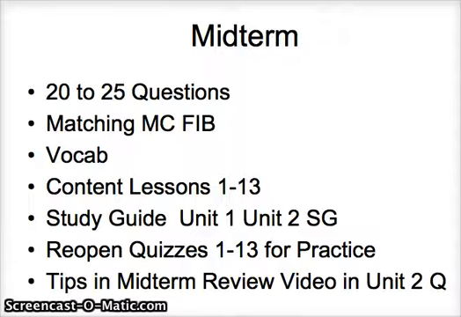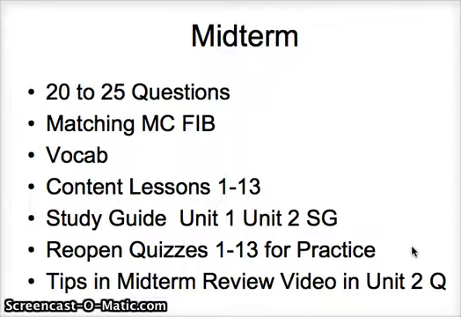So hopefully we're not doing that in this class. I do want you to know that the quizzes are like the exercises and the tests are like the quizzes, which is a good way to do things. On the study guide, I'll show you in a minute, we're going to use the Unit 1 and Unit 2 study guide. So I'll be looking for that.